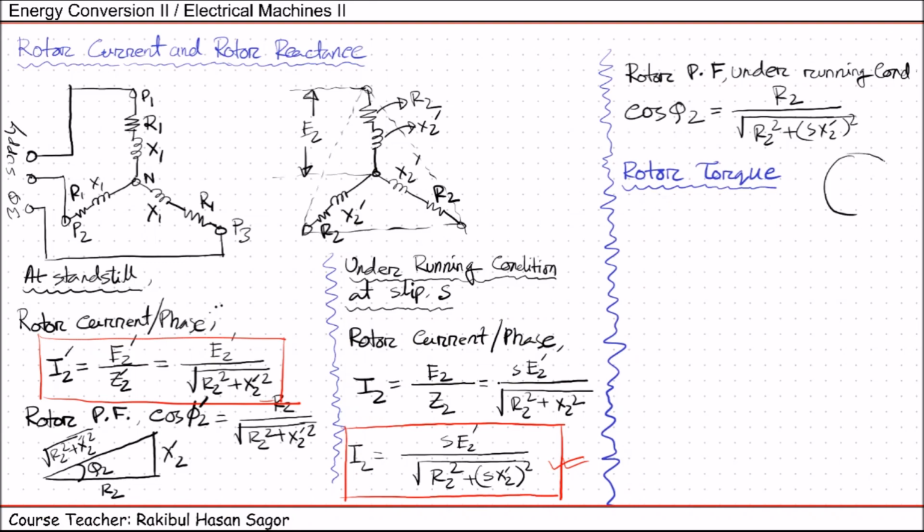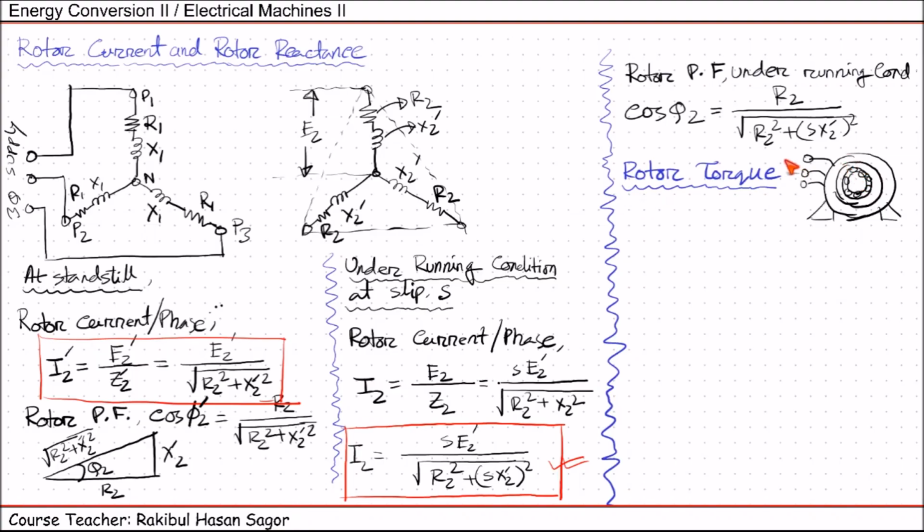Suppose this is a three-phase induction motor, stator part, and this is fed by three-phase supply. Inside this hollow part we have the rotor. This is the side view of the rotor part, and we have conducting bars.